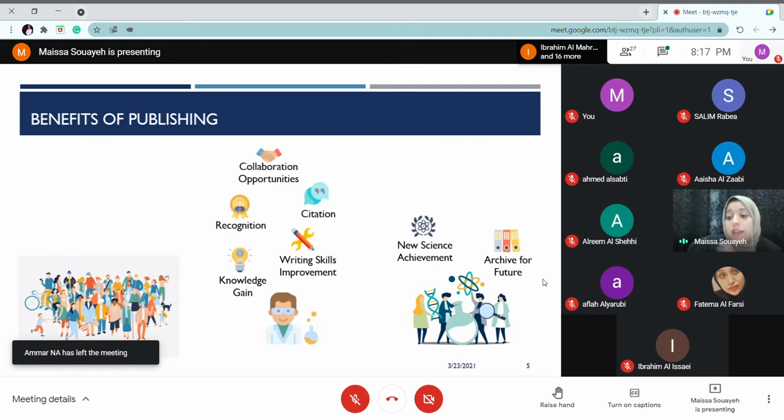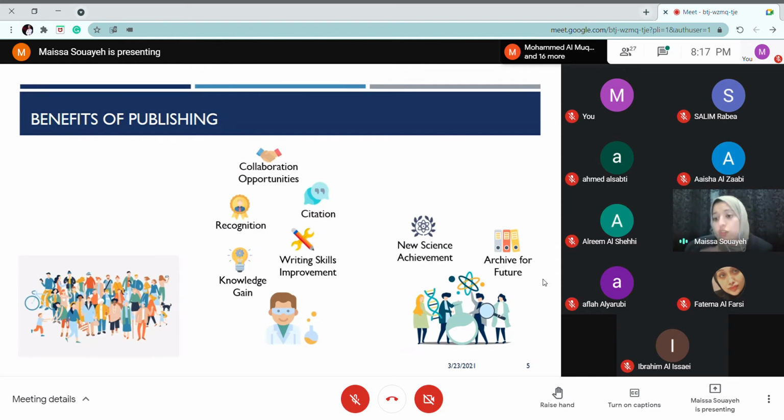In addition, this is an archive for the future. When you think about most of the old research work, like 200 years ago, people archived the research or the science through books, through knowledge transfer from person to person. But the chances of that kind of knowledge transferring from generation to generation are low, and with time you'll find that some of the science gets lost.